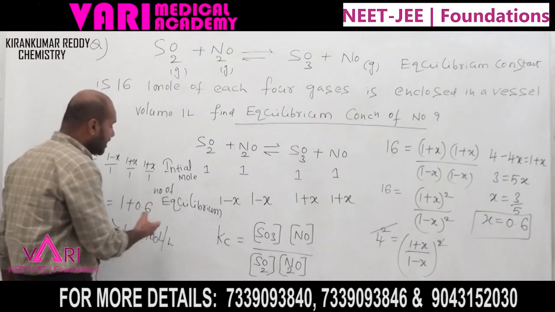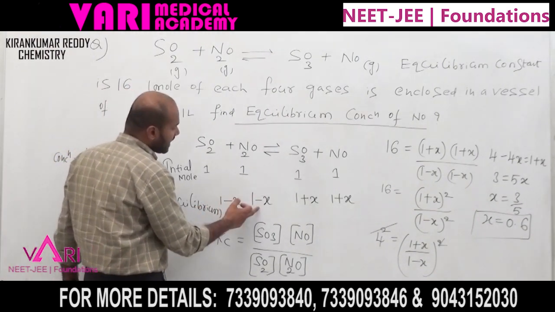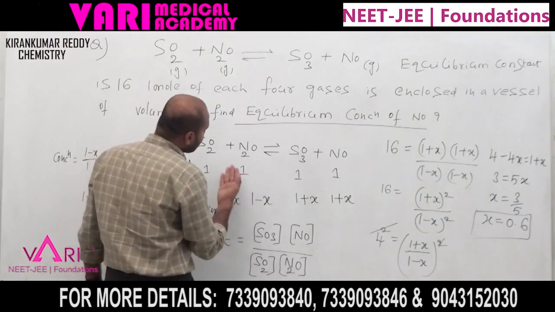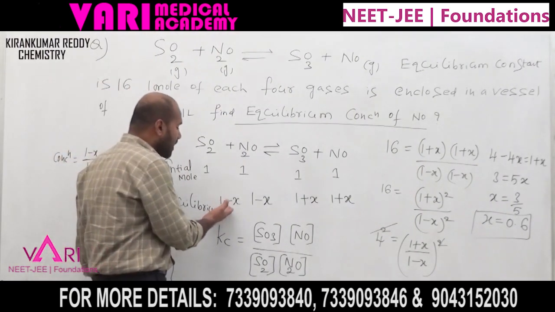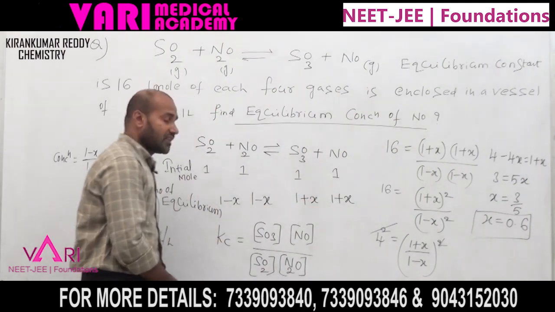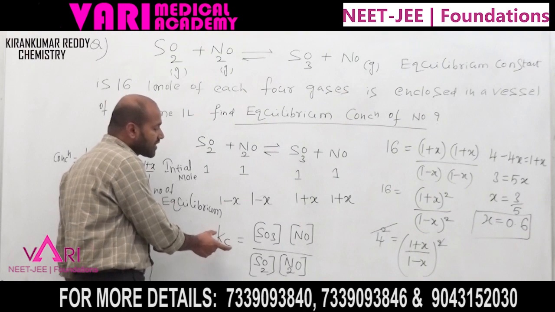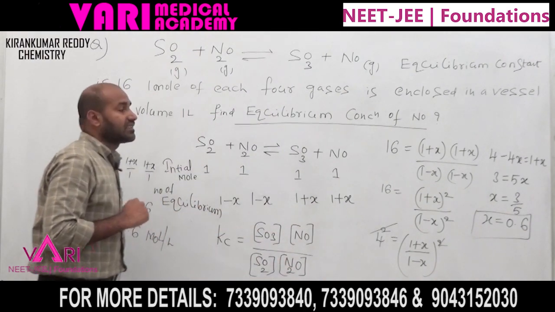At equilibrium, the number of moles is 1 minus x, here also 1 minus x. Why are we writing 1 minus x? Because the concentration of reactants decreases. Here it is 1 plus x, 1 plus x. Kc is the equilibrium constant in terms of concentration, product concentration by reactant concentration.